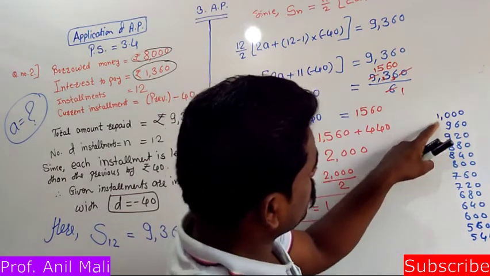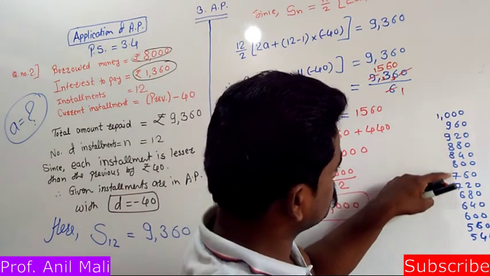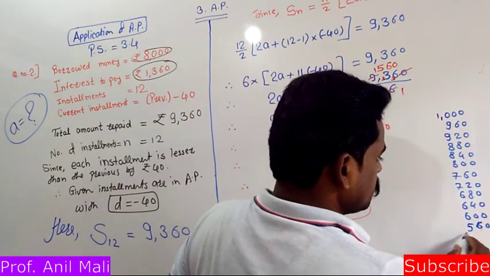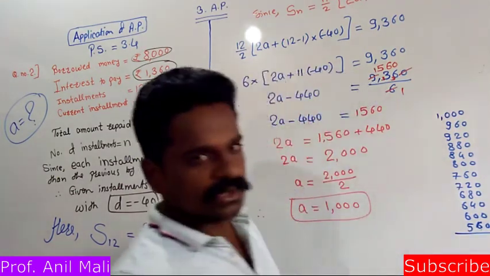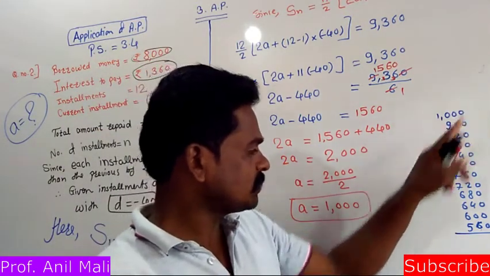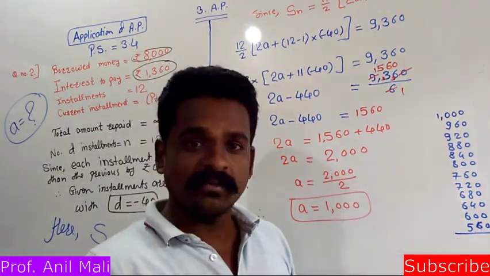How many is that? 1 2 3 4 5 6 7 8 9 10 11 12. This much is enough. Your first installment is 1000 and the last installment will be 560.